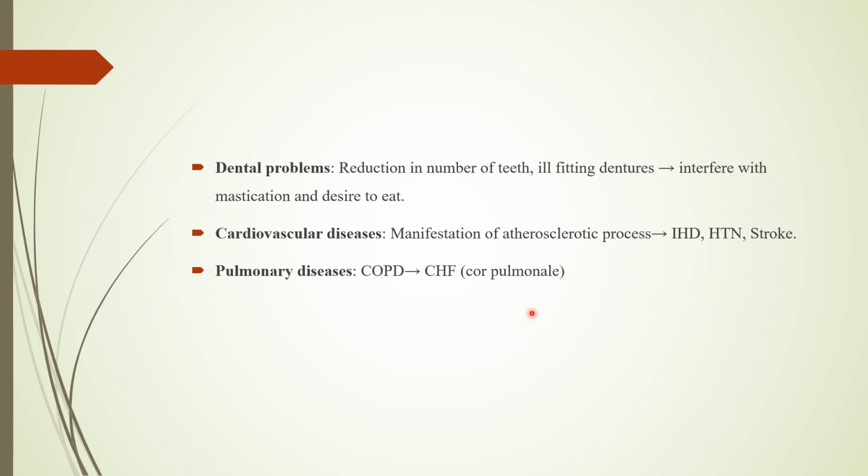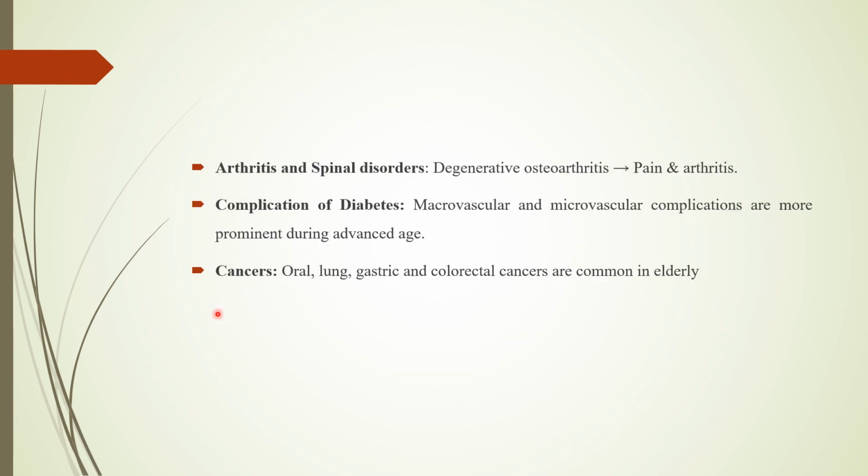Then from pulmonary disease, they have chronic obstructive pulmonary disease that often leads to congestive heart failure. Then arthritis and spinal disorders. Due to degenerative osteoarthritis, these people have pain and suffer from arthritis.